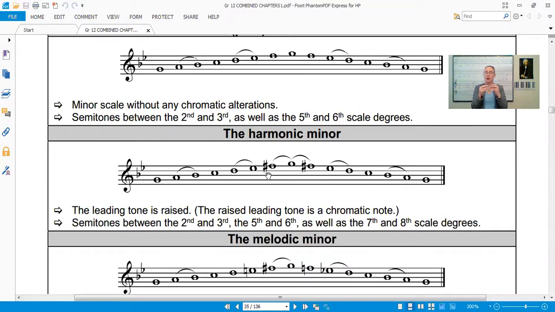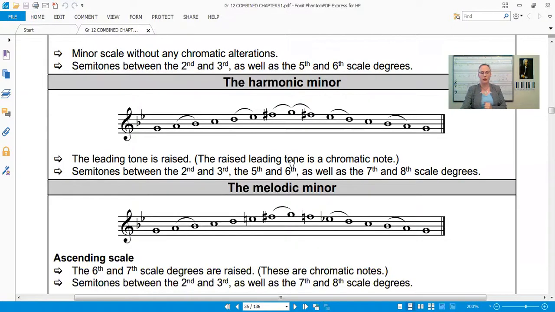Because if you're going to say sharpen, they're going to think you literally need to sharpen it. And although this might be true for some leading tones, it will not be true in all instances. And then because the scale looks exactly the same in the ascending and descending version, your semitones will be in the same places.